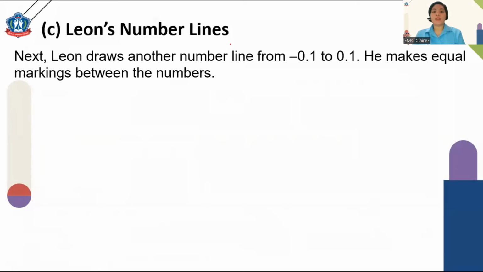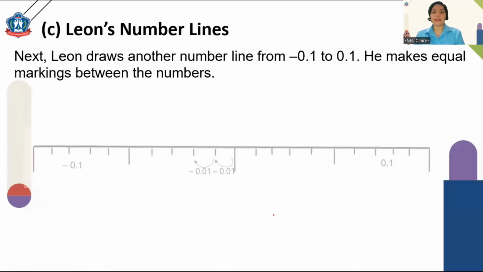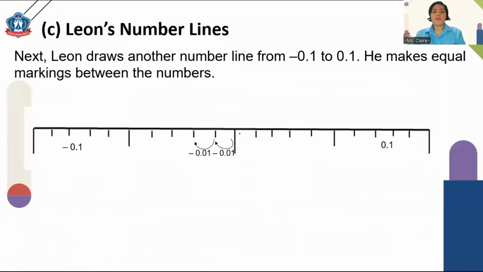What if we are going to count from 0 to the left of the number line, like this? So, from here, children, this is 0. Going to the left, again, those are negative numbers. Those numbers on the left side of the number line are what we call negative numbers.